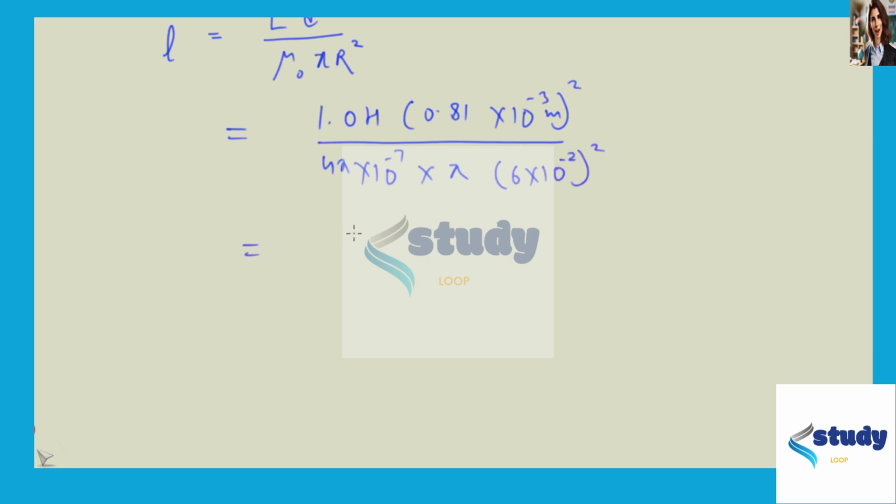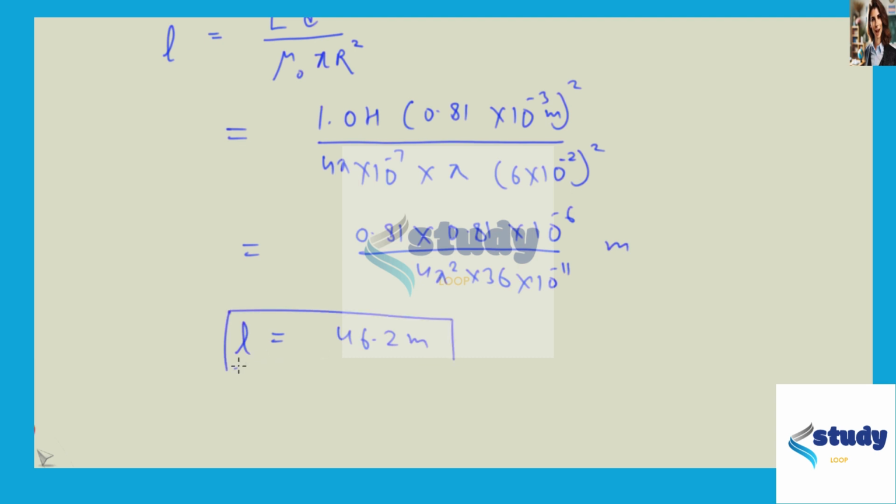So now it will become 0.81 multiplied by 0.81 multiplied by 10 raised to the power minus 6 divided by 4 pi square multiplied by 36 into 10 raised to the power minus 11 meter, or finally we can say this is 46.2 meter. This is the length of the solenoid and the first answer of the given problem.